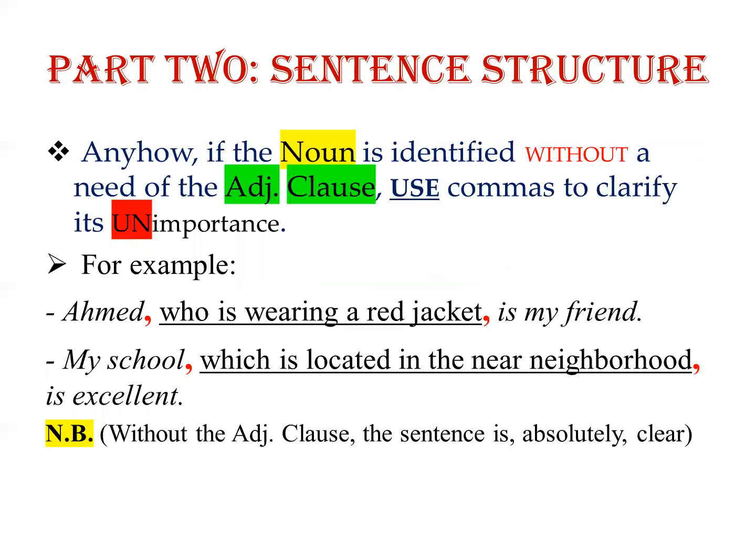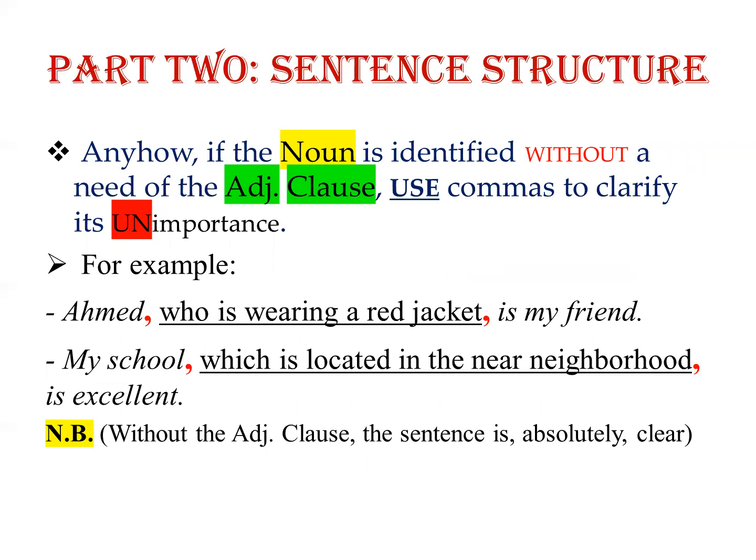Anyhow, if the noun is identified without a need for the adjective clause, we use commas to clarify it is unimportant. This is not something written in the book. I wrote it by myself, but try to memorize it like this: the commas try to tell us that this information isn't important. It is just extra information.